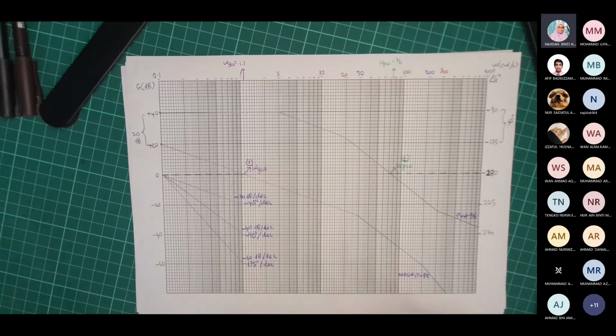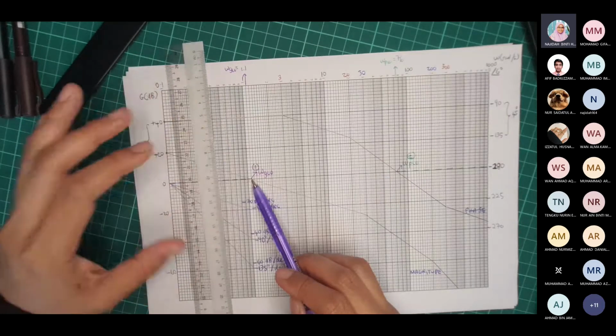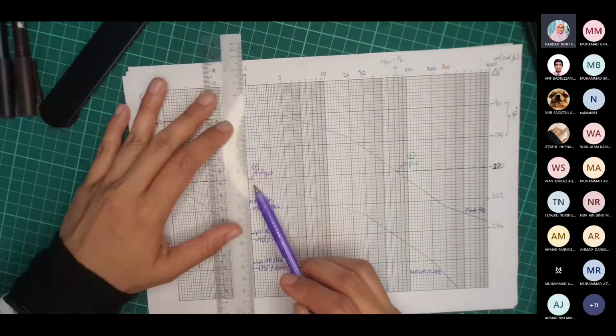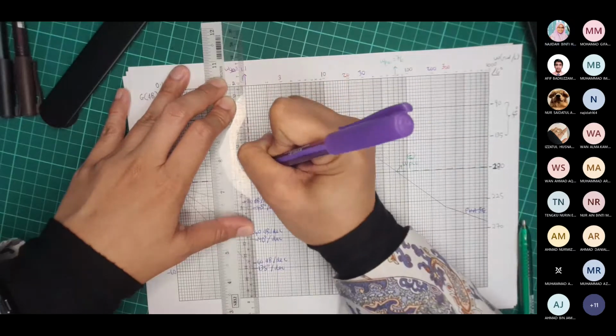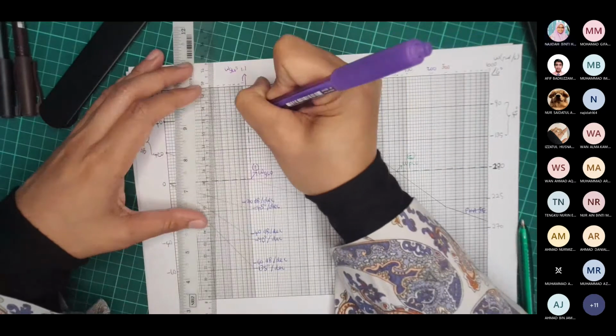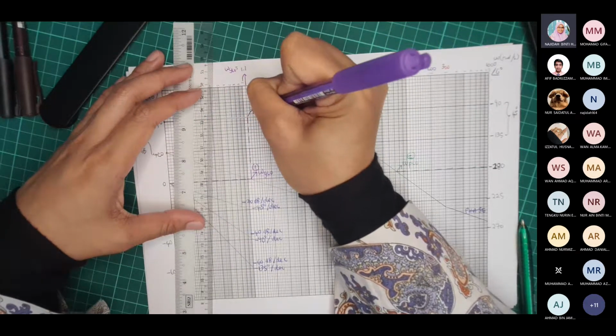Next, at the same frequency of omega GCO, this is our third step. Then I go to the phase plot, and this is the value of my phi m.